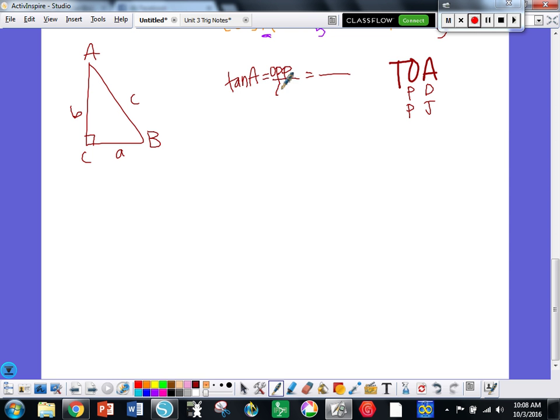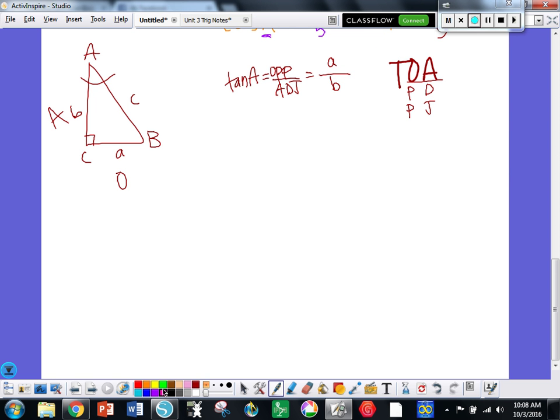Opposite over adjacent. So in this case, based on angle A, what is my opposite side? This is my opposite side. Which one is my adjacent side? This is my adjacent side. So if tangent is opposite over adjacent, what over what? Isn't it just A over B? Is that okay?